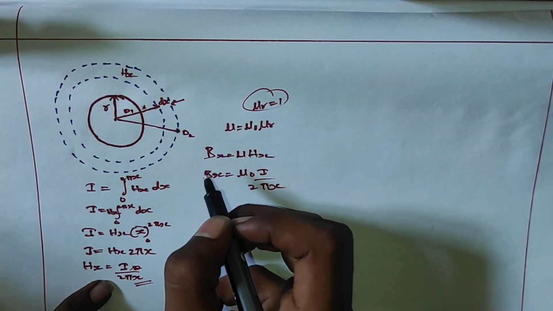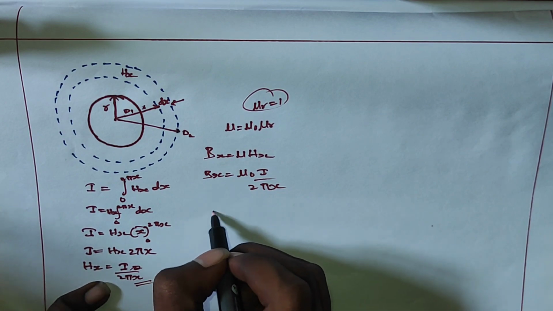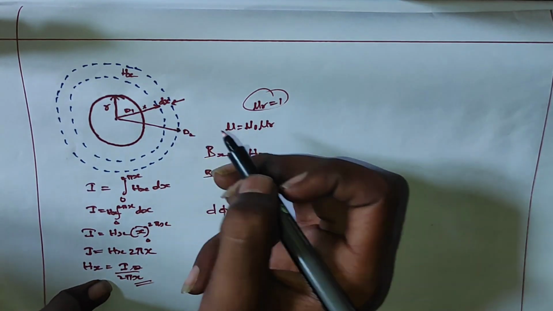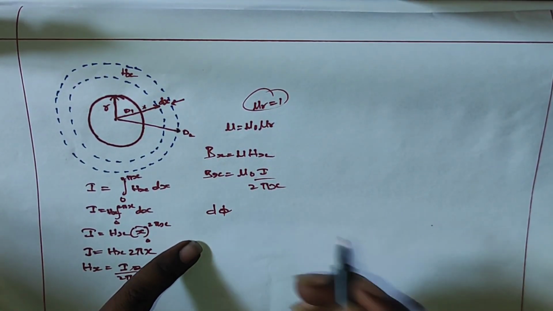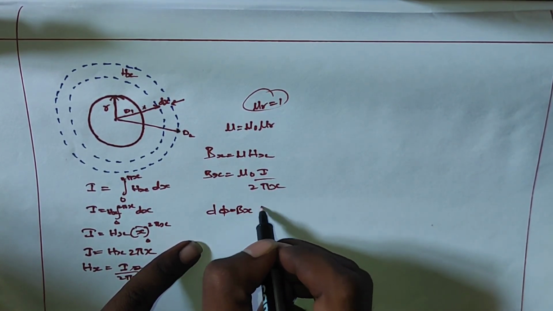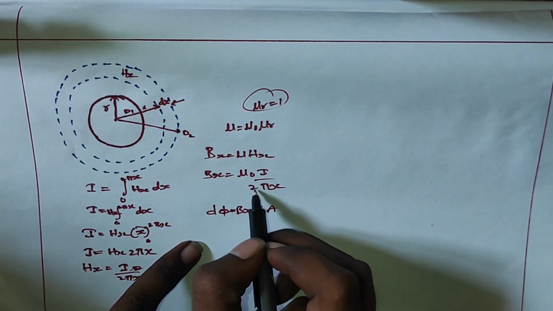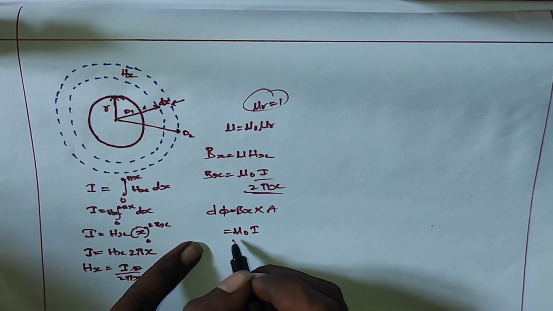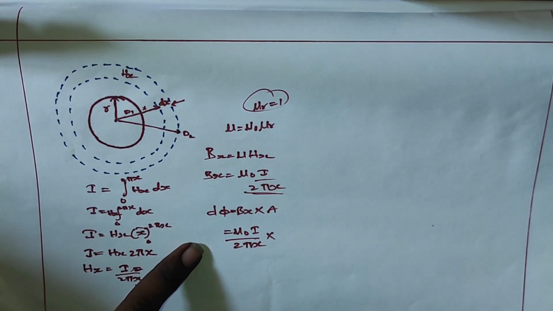Now what we need to do is determine the total flux that is covering over here, that is d phi. As it's a differential distance, the flux over there is also differential, that is d phi, and this will be equal to the flux density Bx multiplied by the area. The Bx value will be this one, that is mu naught I by 2 pi x, into the area.